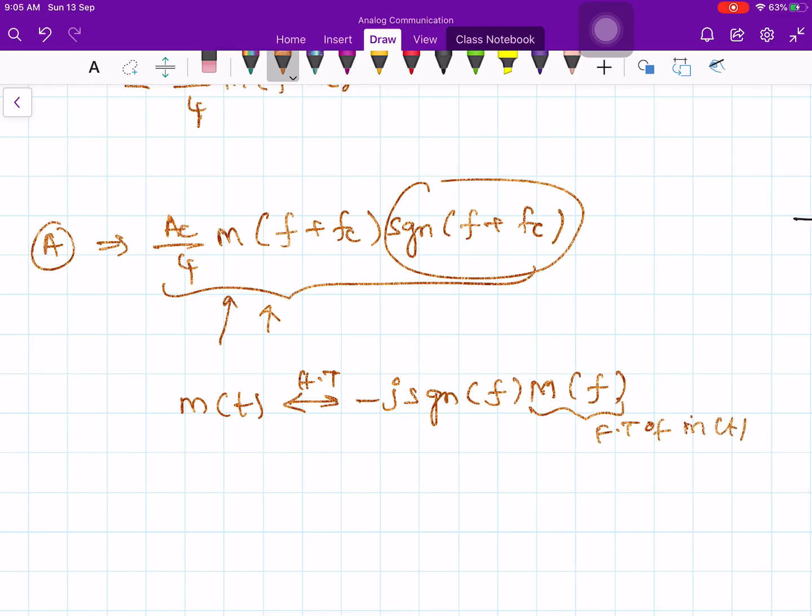So the Hilbert transform of m of t is nothing but minus j times signum of f times the Fourier transform of m of t. This is a formula that we derived in one of the previous lectures, please recall. Therefore, the Hilbert transform of m of t is obtained by multiplying minus j signum of f with the spectrum of m of t in the frequency domain.